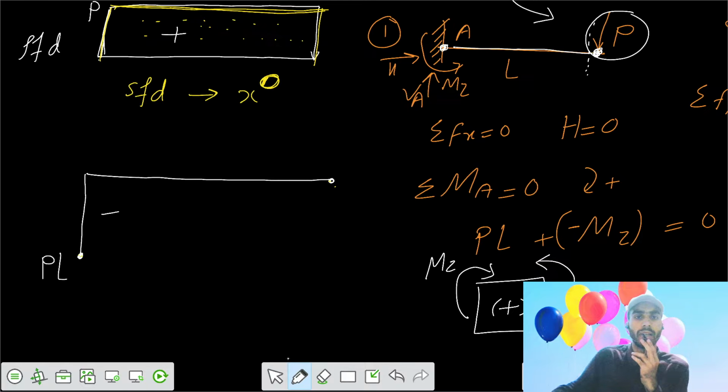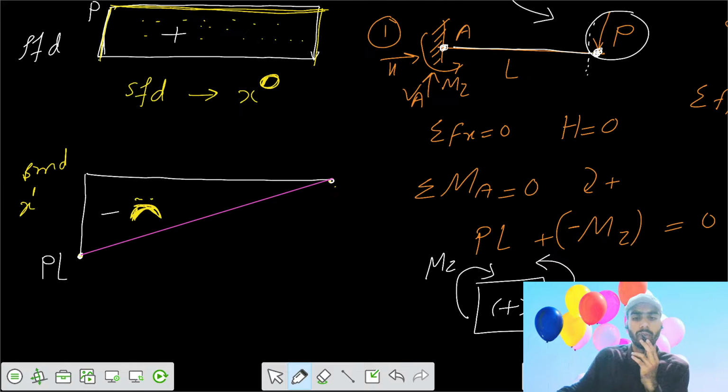So your bending moment diagram would be a function of x power 1. So it's linearly varying. So we have to connect the two critical points by a straight line. So this is your bending moment diagram. Here it is a negative bending moment diagram, so it's hogging bending moment.